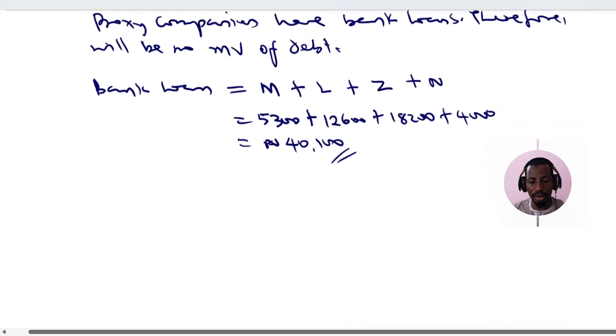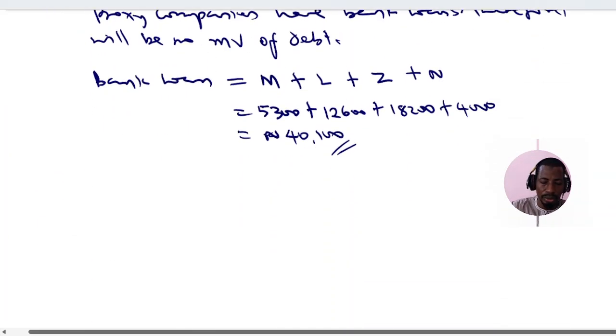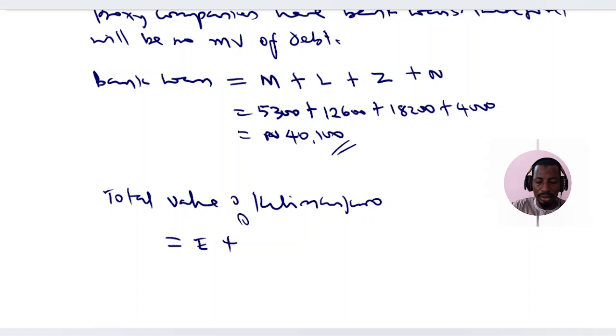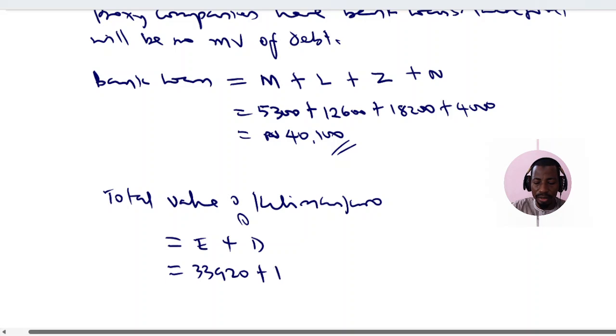Total market value of Kilimanjaro is equal to equity value plus debt. Equity is 33,920 plus debt of 17,400.